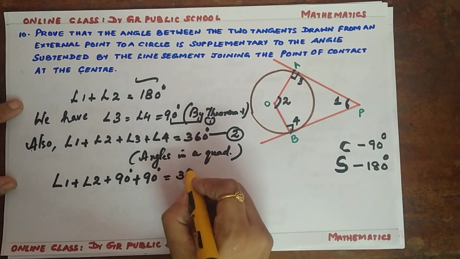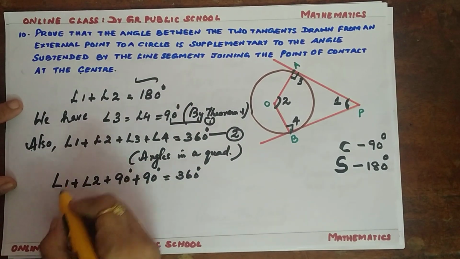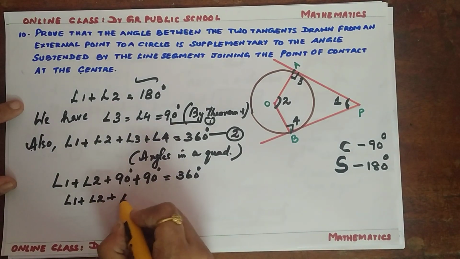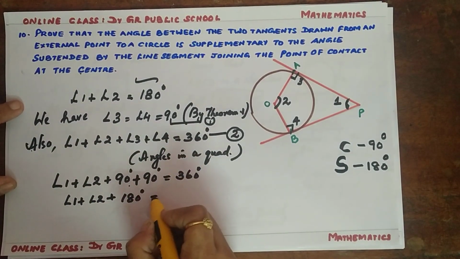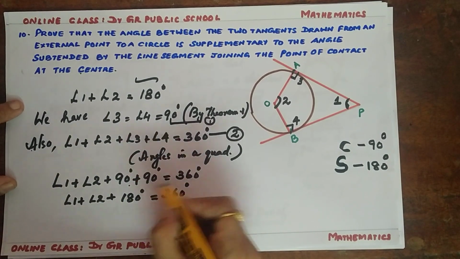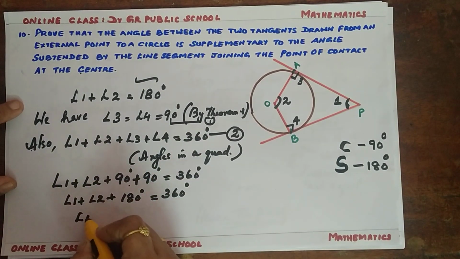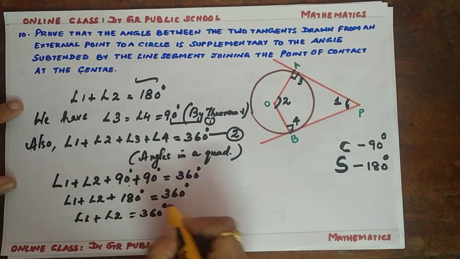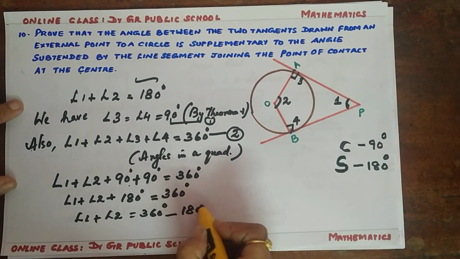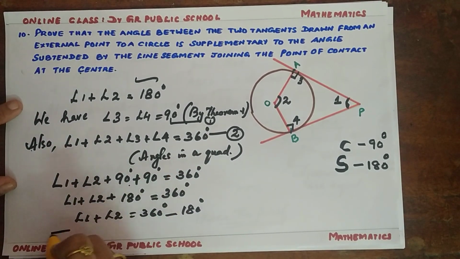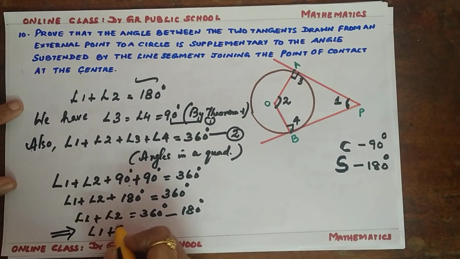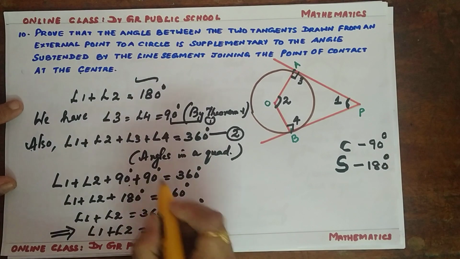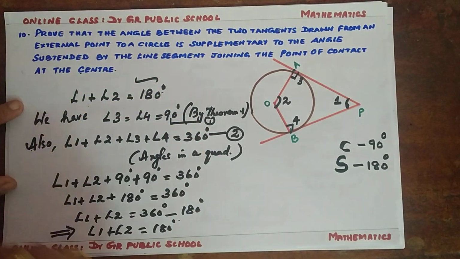So angle 1 plus angle 2 plus 90 plus 90 equals 360 degrees. Angle 1 plus angle 2 equals 360 degrees, and the 180 goes to the right side and becomes minus 180 degrees. What is 360 minus 180? 180 degrees. So angle 1 plus angle 2 equals 180 degrees.